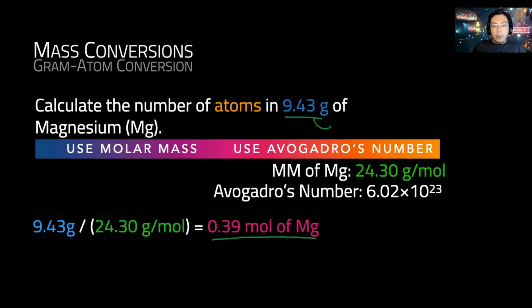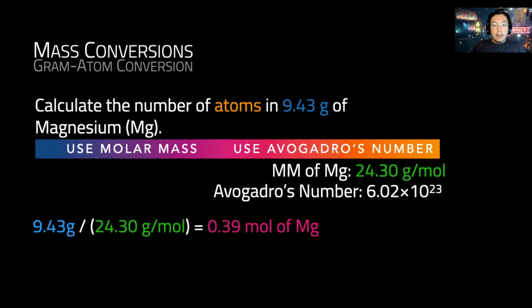Once we have the moles, careful here, it's important to think for ourselves. Are we done? Was this the question? Well, no, the question was for atoms, not moles. So we're halfway there, right? The only thing that we did was get from grams all the way to moles. But now we need to go from moles all the way to atoms. We need a second flight, right? We need the connection.